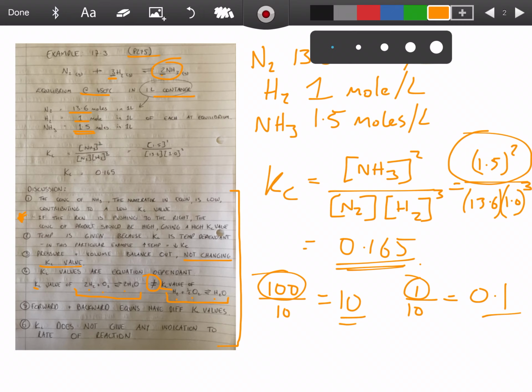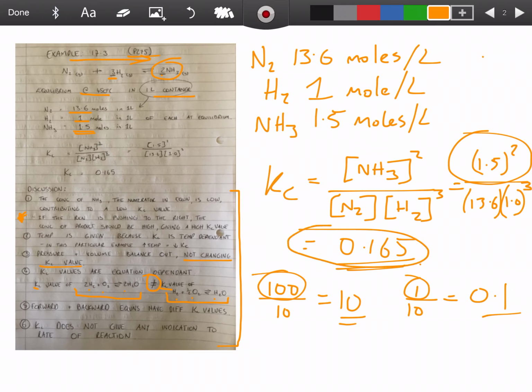Okay, finally, last 2 bits there. The forward and backward equations have different values. So if we look at this one specifically that we were talking about today, if I go that way in my reaction, it has an equilibrium constant value of this 0.165 that we figured out. If I'm talking about it going in the opposite direction, the decomposition of ammonia to give me nitrogen and hydrogen, I'd have a different equilibrium constant value.